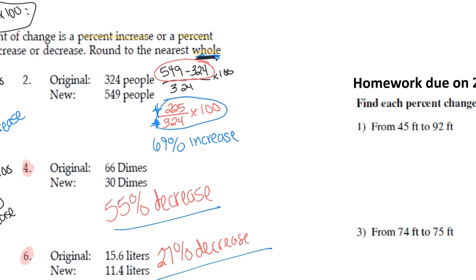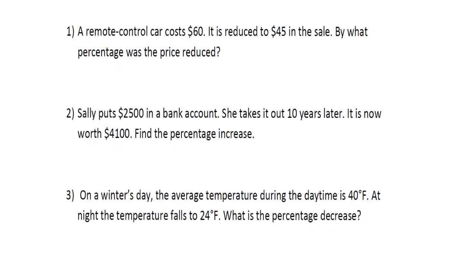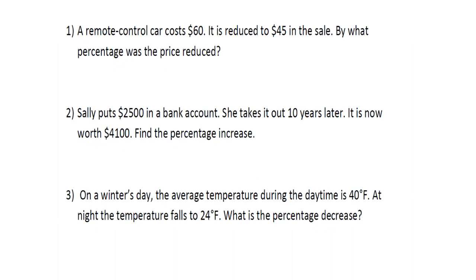All right, let's look at the next page. These ones are word problems, so it doesn't tell us which ones are new and which ones are old. We have to figure that out ourselves. Reading number 1, it says a remote control car costs $60. It is reduced to $45 in the sale.